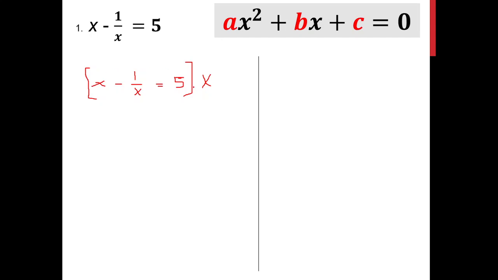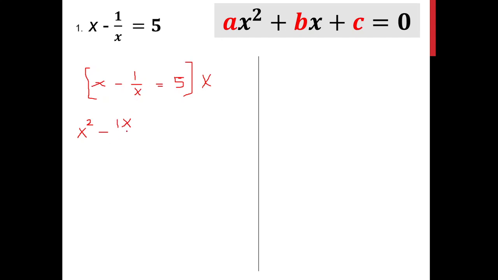So we have x times x, which gives us x squared. Minus 1 times x will give you 1x, or x. I will write 1 so that we will not be confused. We cannot combine directly a numerical coefficient and a variable. So with multiplying this one, basically you'll just pair the two terms.